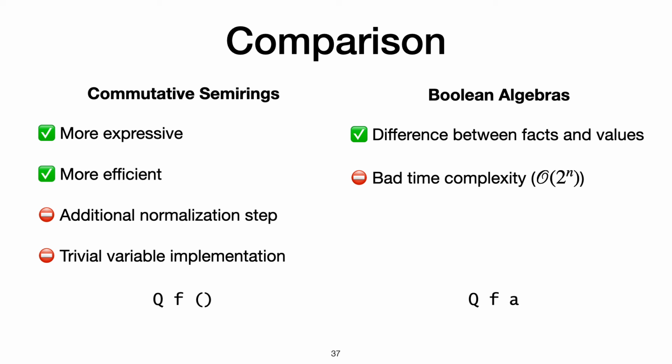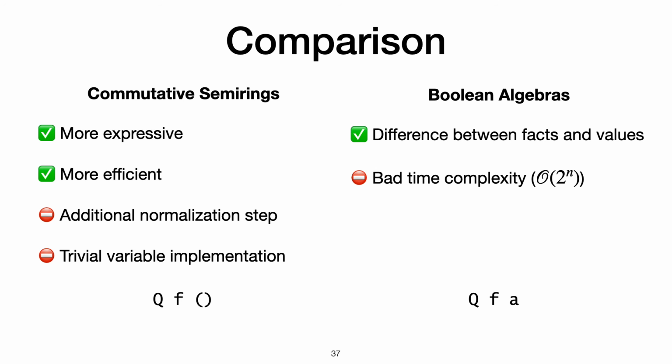And at the base of this problem is the non-compositional nature of this normalization. And indeed, we consider positive variable occurrences to map to true or to 1, and negative occurrences to false or to 0. And indeed, with the commutative semiring implementation, our queries will always have the form Q F unit.